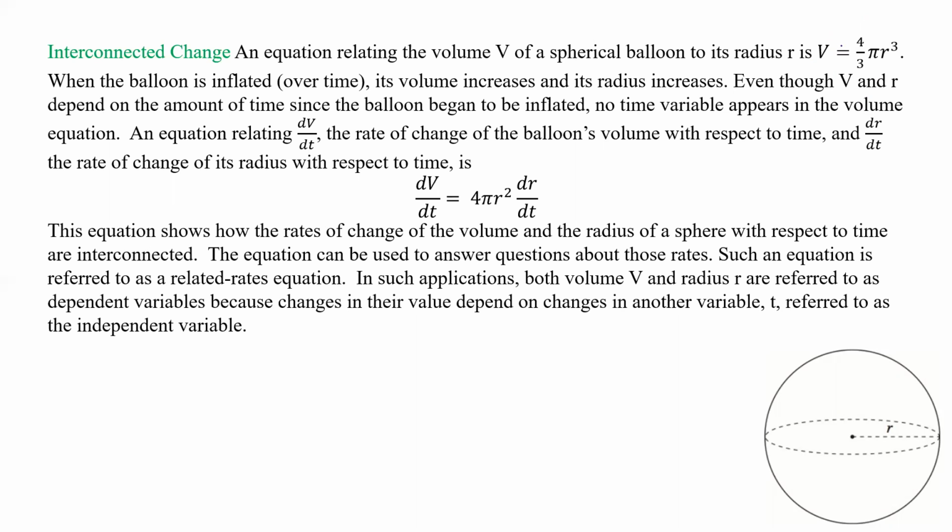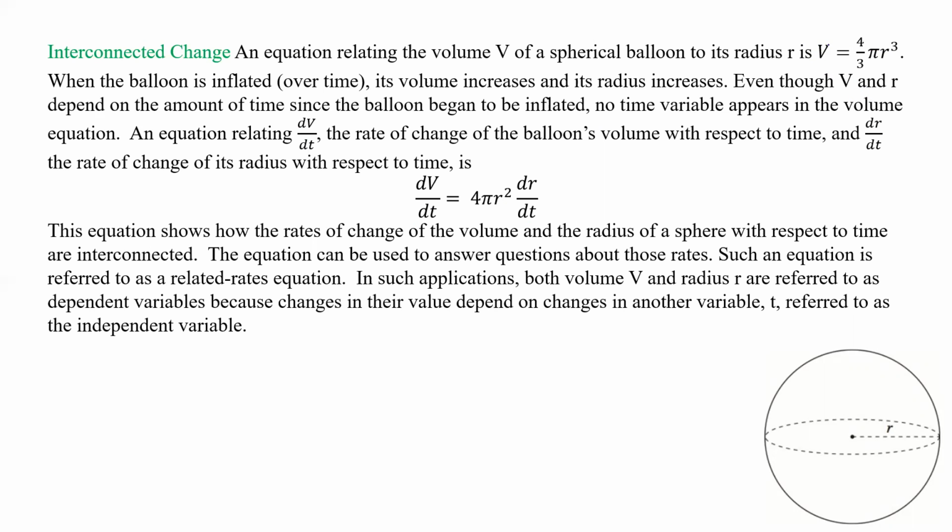So what we need to do is look at an equation relating the change in volume with respect to time and the change in the radius with respect to time. Our change in volume with respect to time, dV/dt, is equal to 4 pi r squared times the change in radius with respect to time, dr/dt. What we've done is we've taken the derivative of both sides.